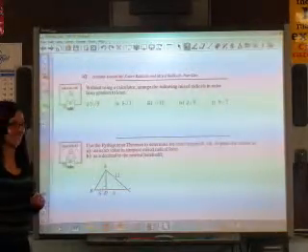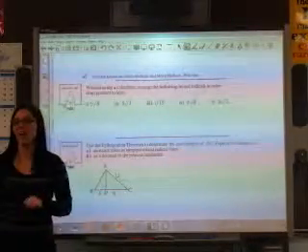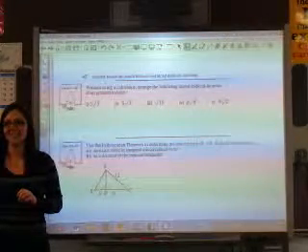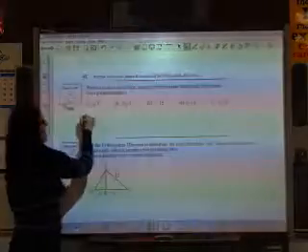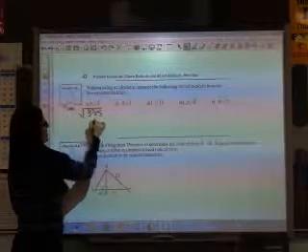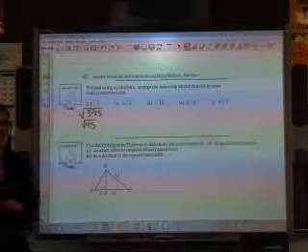I know the question. 3 root 5: how do I write 3 root 5 as an entire radical? Root 45, because it would be 3 squared times 5. What would 5 root 3 be as an entire radical?